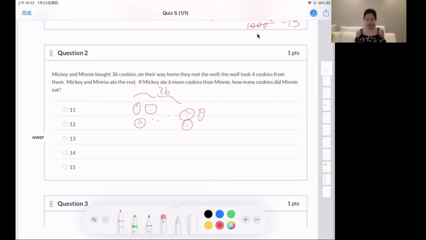Okay, and then on the way home, the wolf took away 4 cookies. So minus 4, we have 32 left, right?